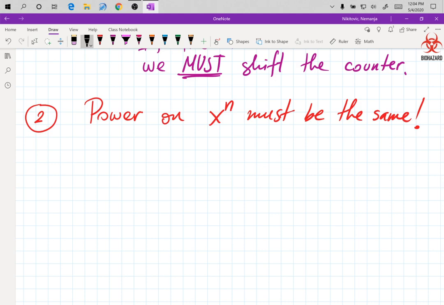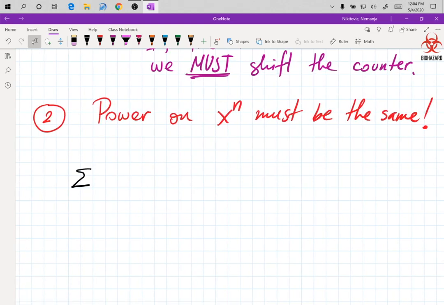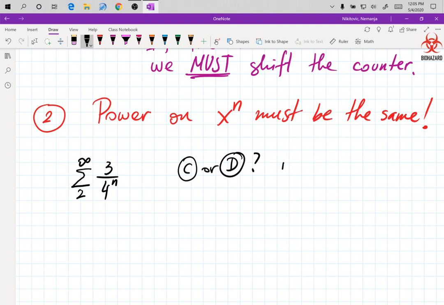So say that the power series given to you started at 2 instead of the 0, and you were supposed to calculate the sum of 3 over 4 to the n. So this is your converge or diverge problem from Calc 2.